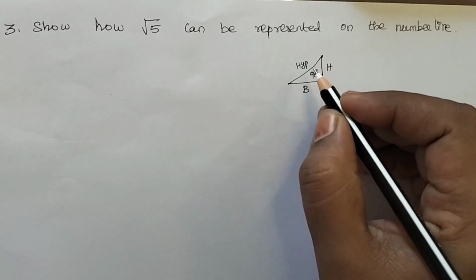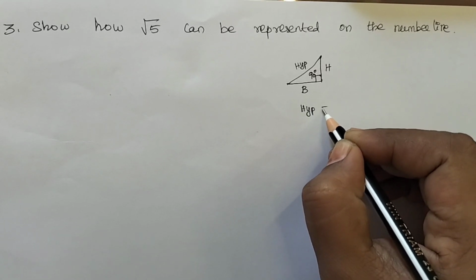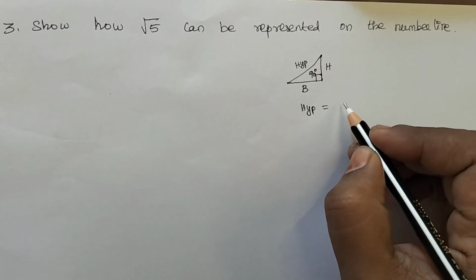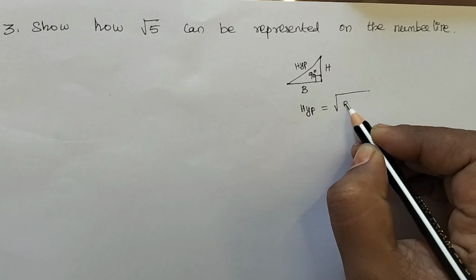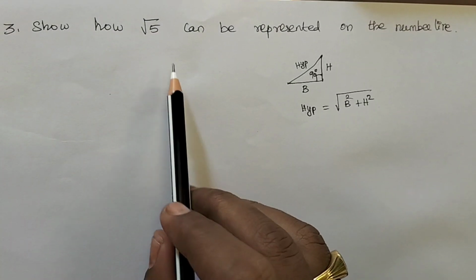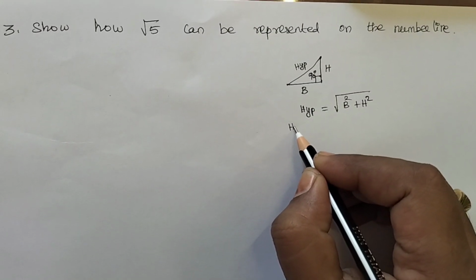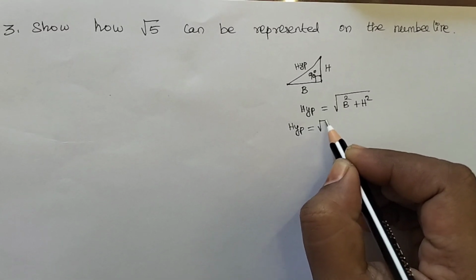According to the Pythagoras theorem, the hypotenuse is given by the formula root of b square plus h square. Since root 5 is an irrational number, let us consider the hypotenuse equal to root 5.